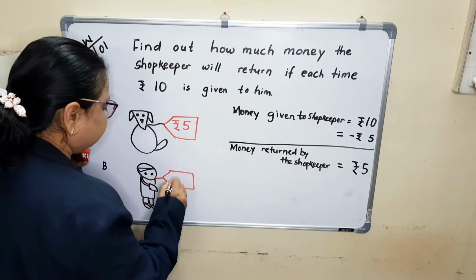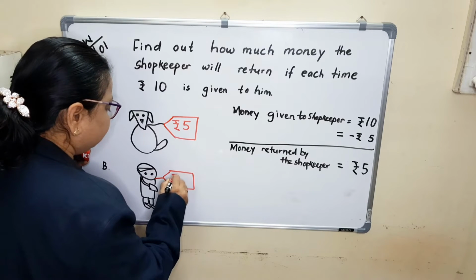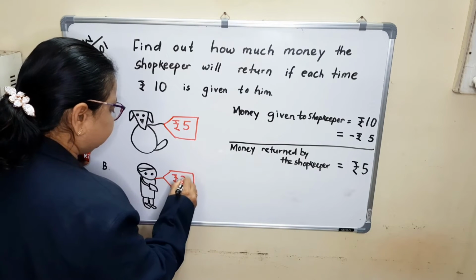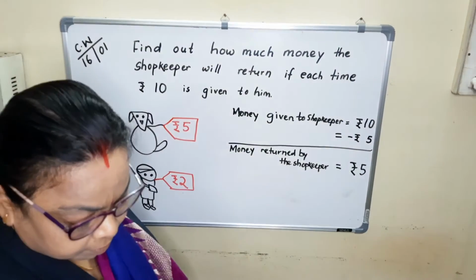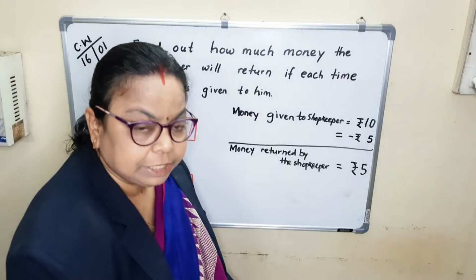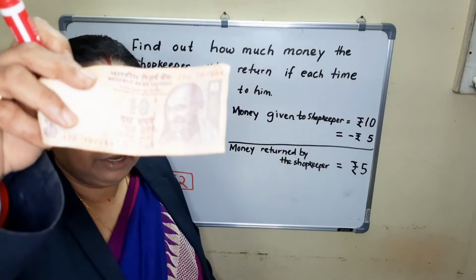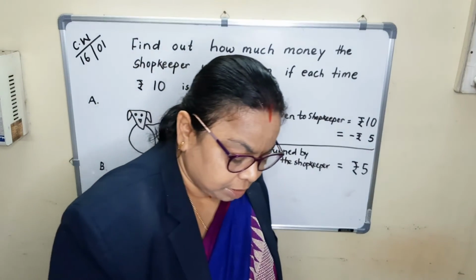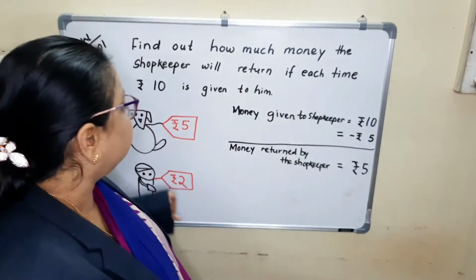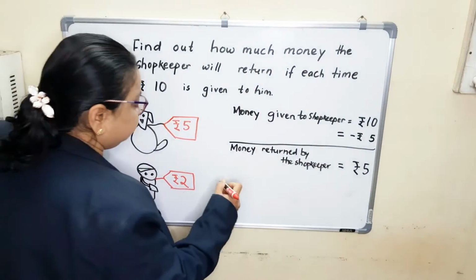It is only 2. Then children, when you give the shopkeeper a 10 rupee note, how much will the shopkeeper return to you? So children, what to write?